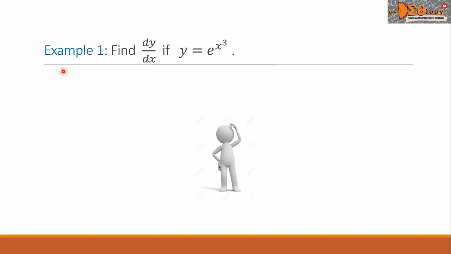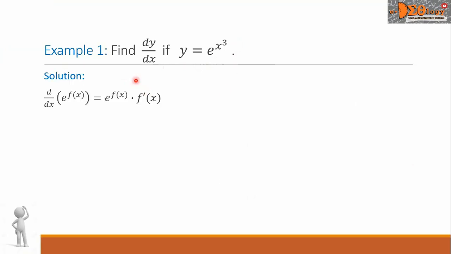Let's see example 1. Find dy over dx if y equals e raised to the function x cubed. For our solution, we write the general equation for the exponential function where base is e. This is our formula. Now, let us write the derivative like this.